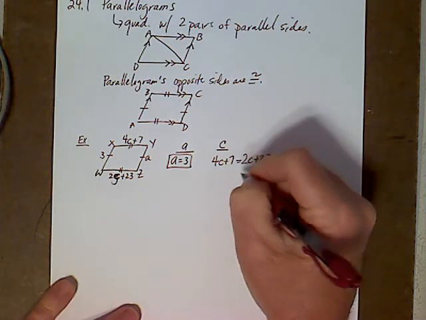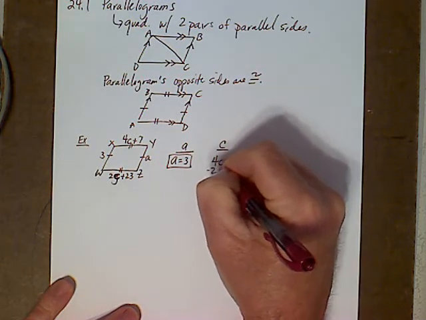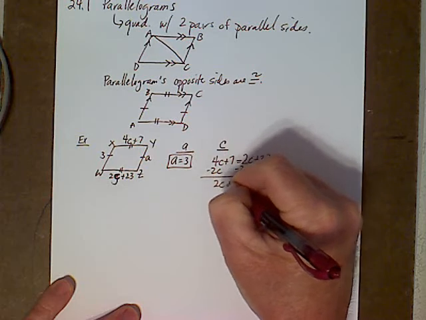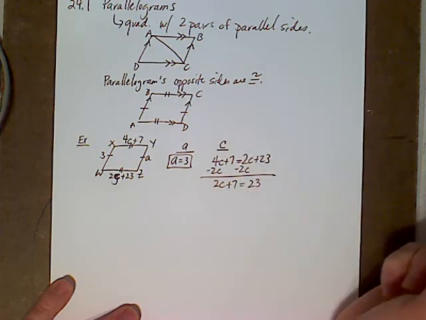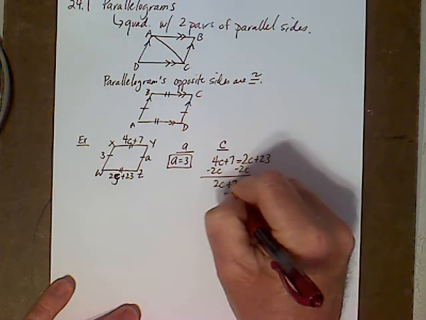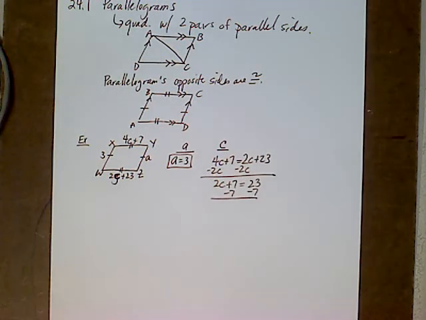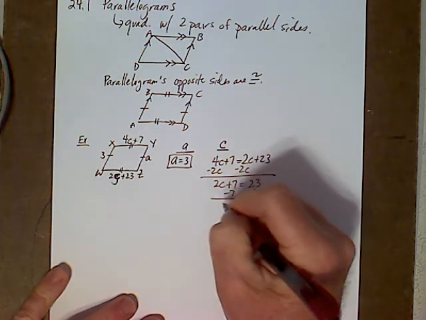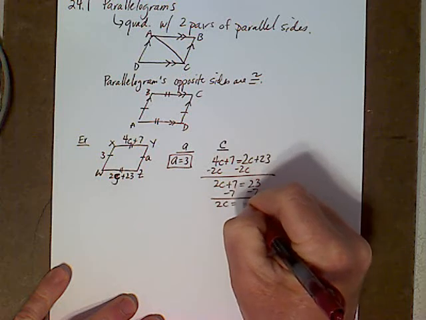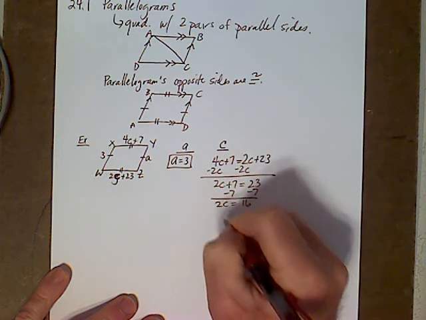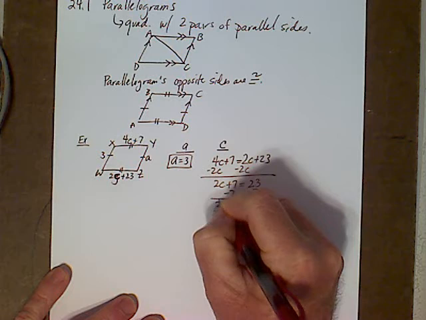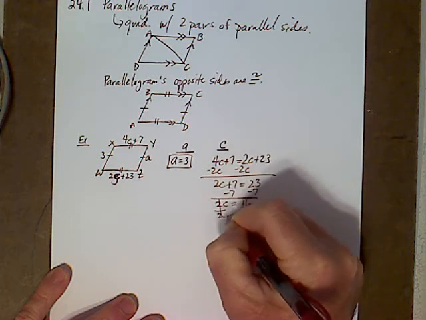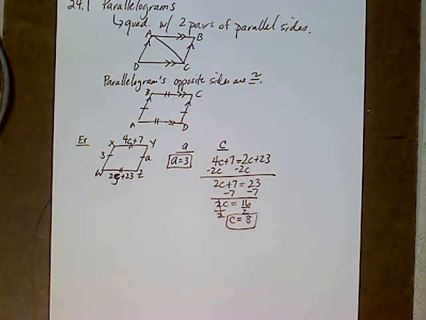Let's get the c's on the same side. Subtract 2c, so you have 2c plus 7 equals 23. Subtract 7 from each side, which gives us 2c equals 16. Then we finish by dividing each side by 2, and we have c equals 8. So again, opposite sides of a parallelogram are congruent. What would make that true is if a was 3 and c was 8.